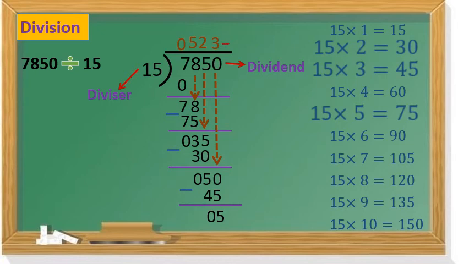And whatever answer we got is called the quotient. And what is remaining down, that is called the remainder. Got this, students? One more sum we will go through so that it becomes clear for you.